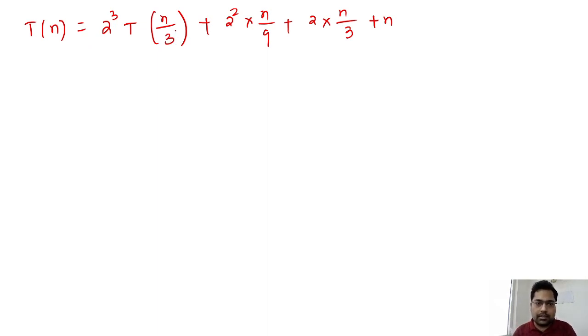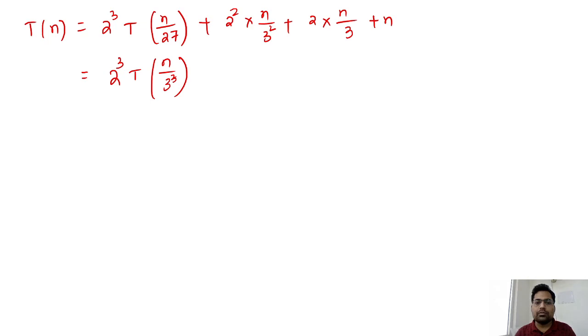So 27 is 3 to the power 3, that we know. Instead of 9 we can say it's 3 to the power 2. Again, if you want to simplify that, 2 cubed T(n/3 to the power 3), because 27, I'm just writing it as 3 cubed for a better idea.